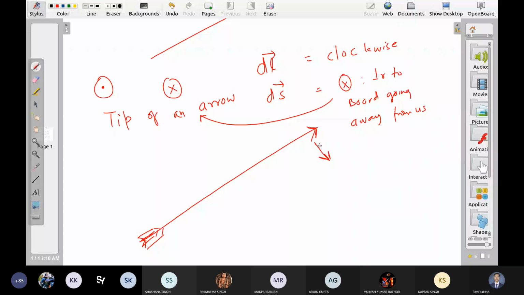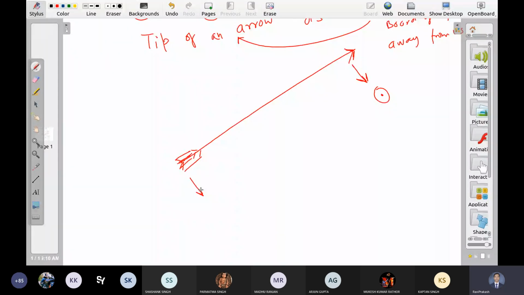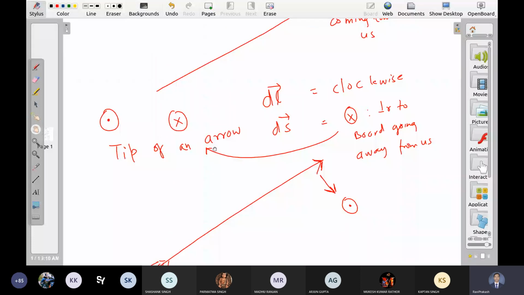If the arrow is going away from you, what will you see? The tail part. If you see it from behind, all you will see is these two crossings. So that's how the definition of these two directions comes. In this case, the arrow is coming towards us, and in this case, the arrow is going away from us.